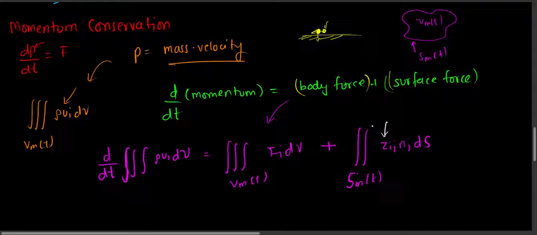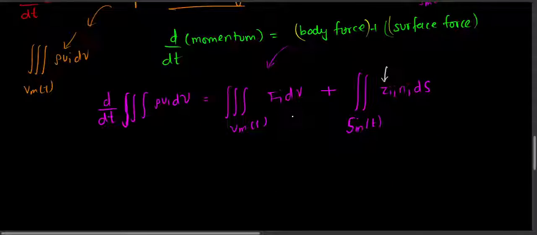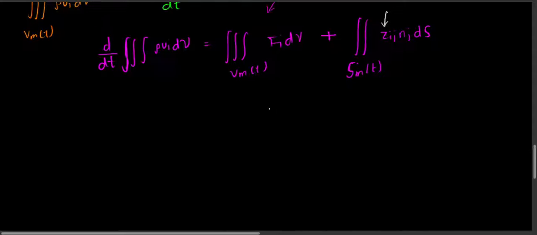Now to solve this equation further, what we use are again some mathematical tools, which is the divergence theorem. Since I have denoted everything with vectorial notation, I'll use the divergence theorem for the tensorial notation, my bad.